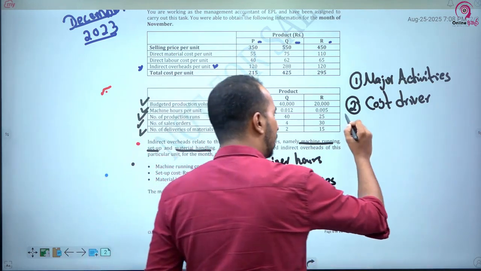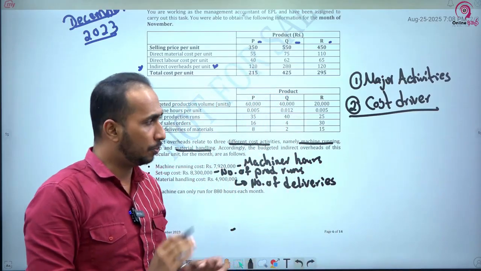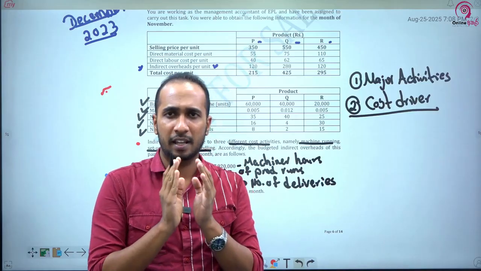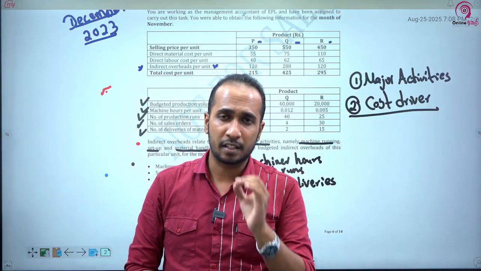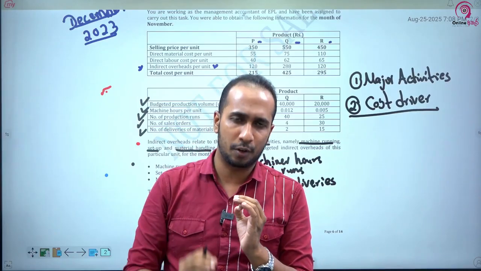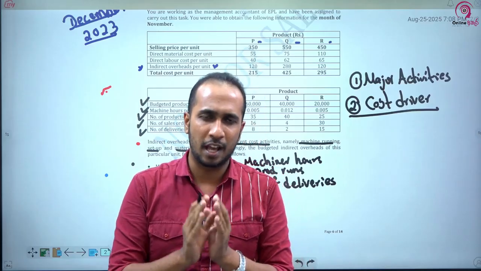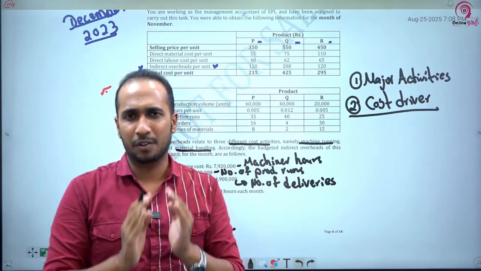See, in this question, this is very important because the examiner has provided you with the major activities. That is totally fine. But the examiner has not provided you with the cost driver. It is up to you to find the cost driver which earns marks for you. Therefore, in order to proceed with this question, it is utmost important to identify the cost drivers.